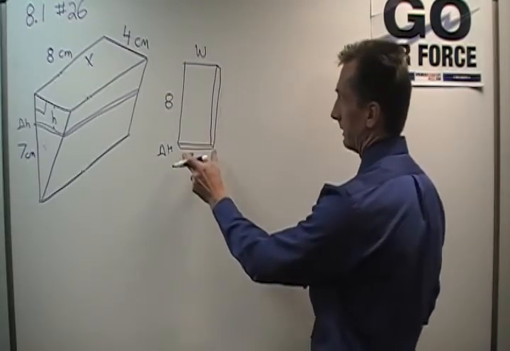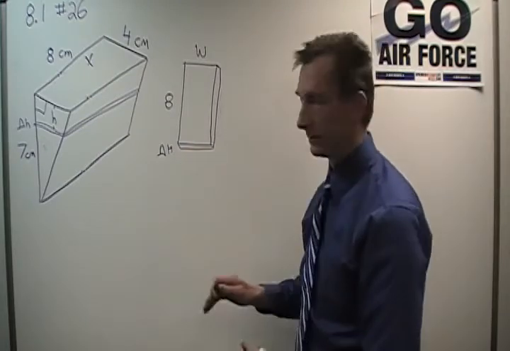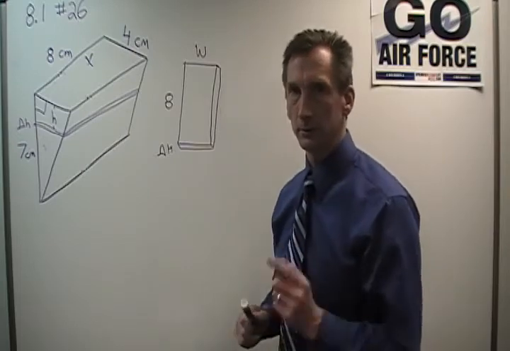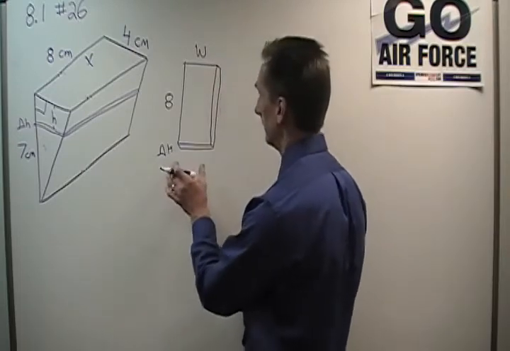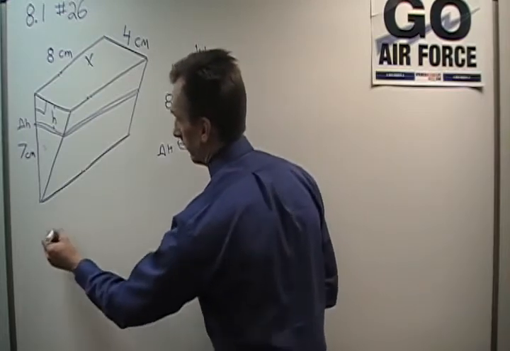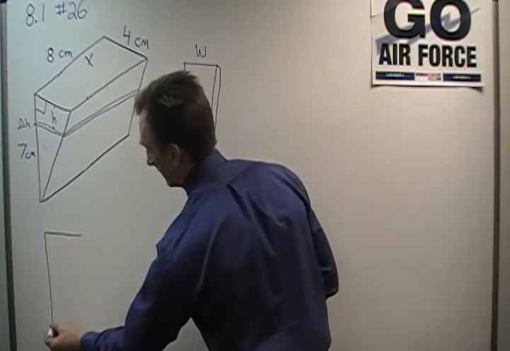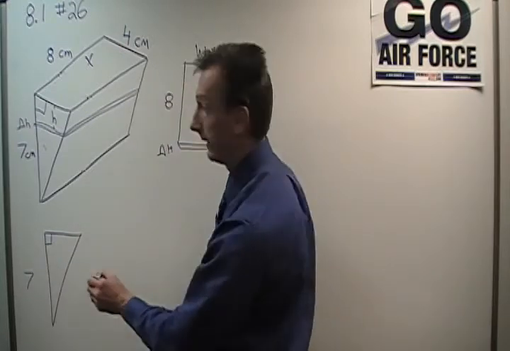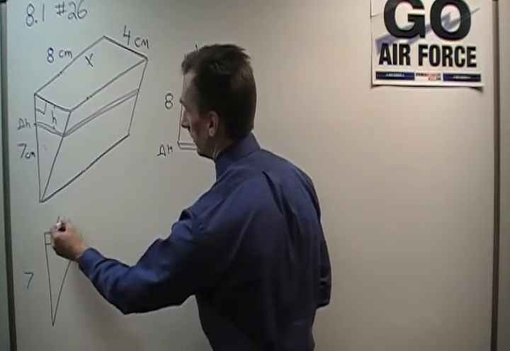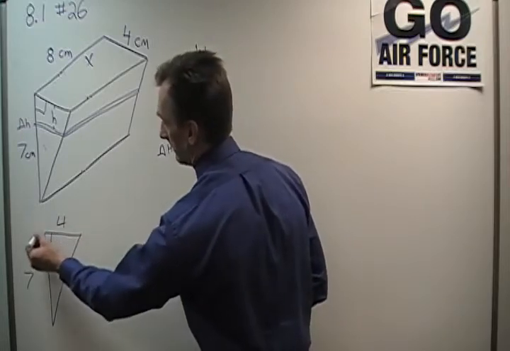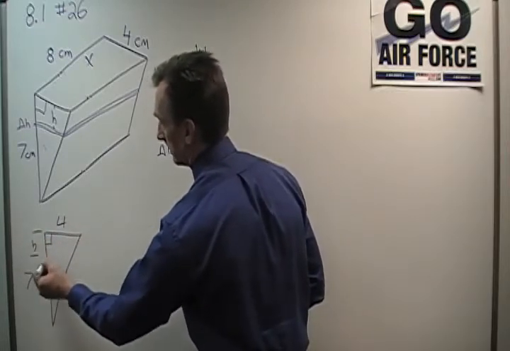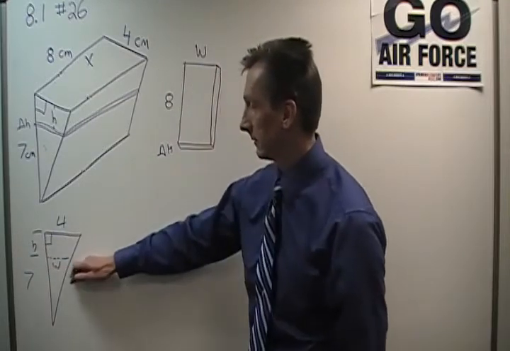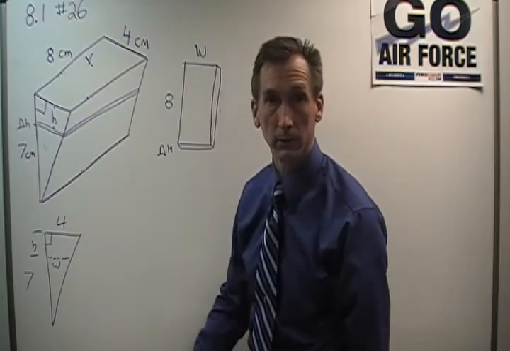Okay, so the big problem here is I need to know W, and W is going to be changing as we talked about. We're going to use a principle called similar triangles to calculate this width. Let's see what the end of this piece looks like. It is 7 centimeters high. It has a width of 4 at the top, and I'm going to be dropping down H, and so this width, when I get down to here, is going to be W. Good name for width.